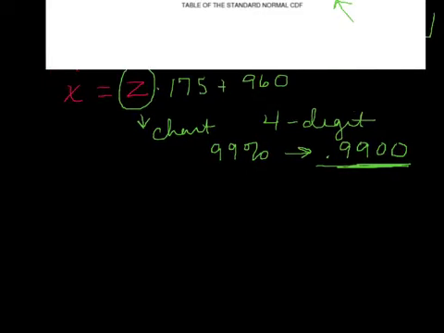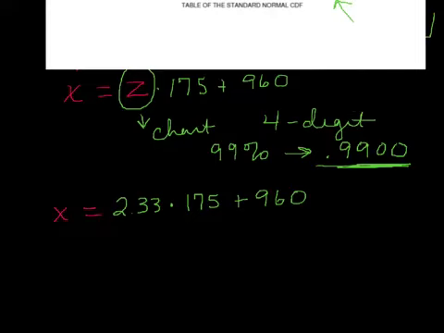So now I have the z-score. I'm looking for the x value, x equals. The z-score we just found is 2.33. I'm going to multiply that times my standard deviation, which is 175, plus 960. Put all that in your calculator. You don't need parentheses or anything.